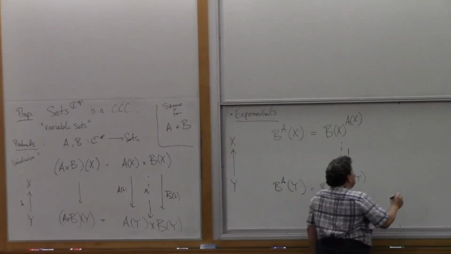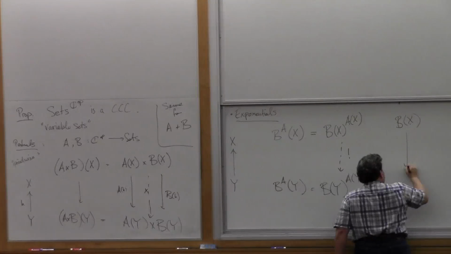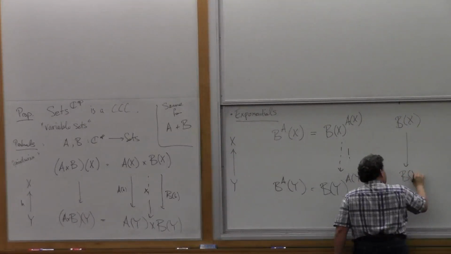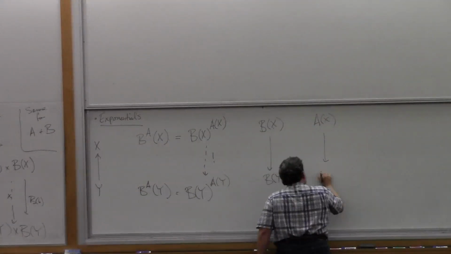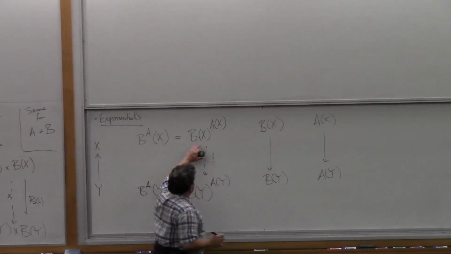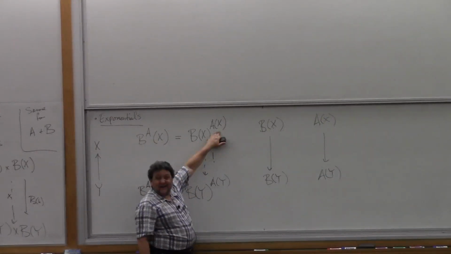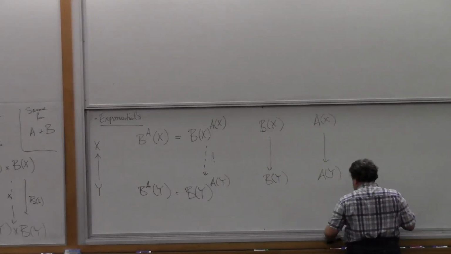That's what we need. So we've got BX to BY by assumption. We've got AX to AY by assumption. But of course, there's a problem here because this is in a covariant position and this is in a contravariant position, right? So from these two maps, what can we put together?